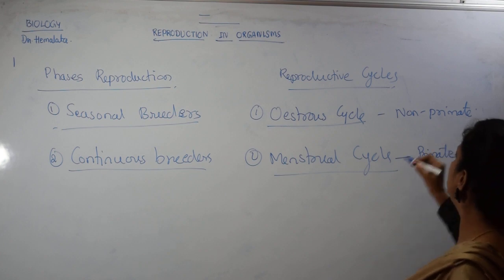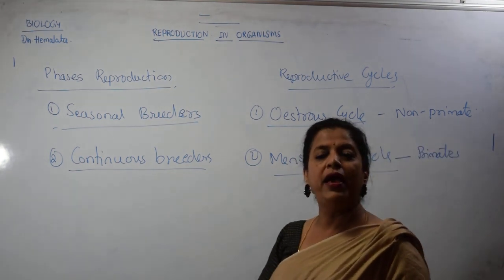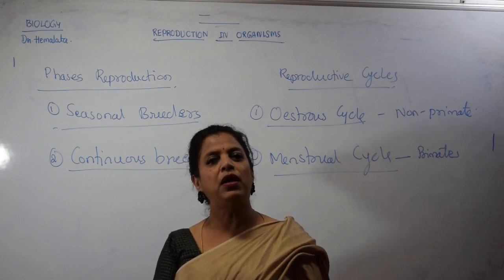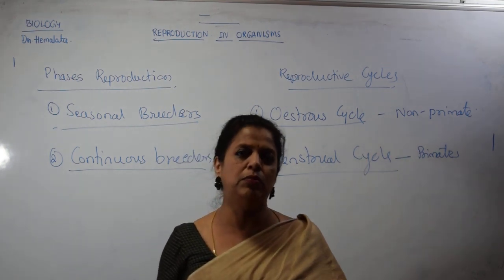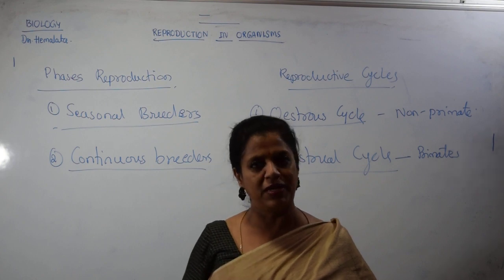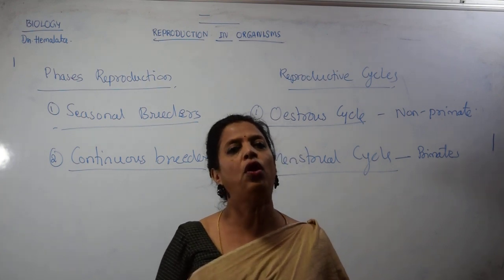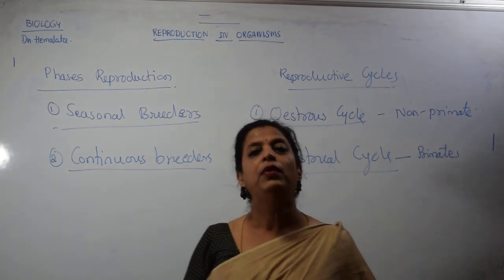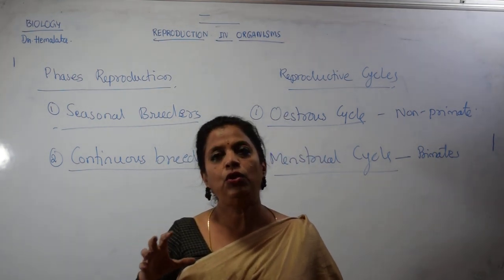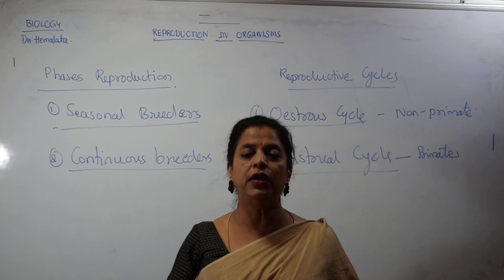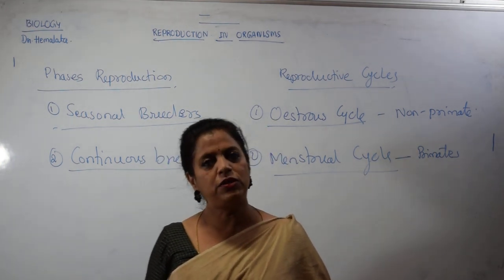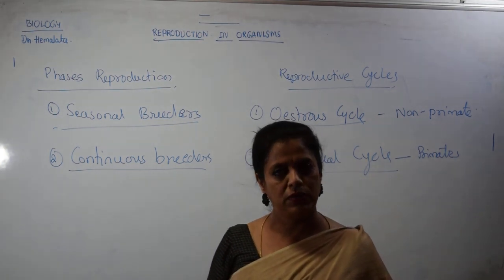So what are the differences between these two? Right? The menstrual cycle is observed in primates, like monkeys and others. Other than that, in all non-primates, there is an estrus cycle happening. What happens in all of them? There is no bleeding apparently, unlike what I told you in the females of all primates during the menstrual cycle.